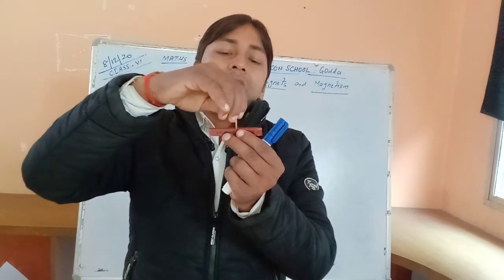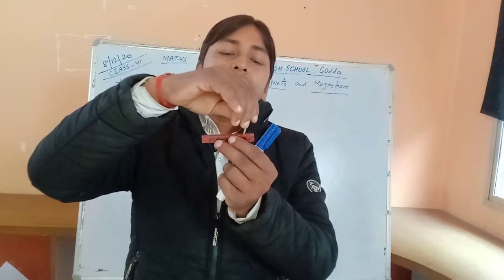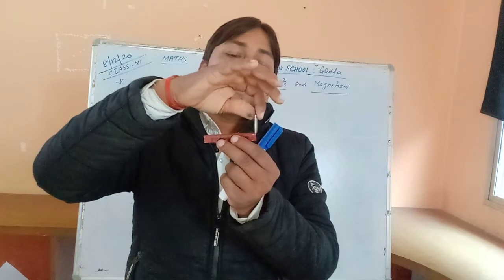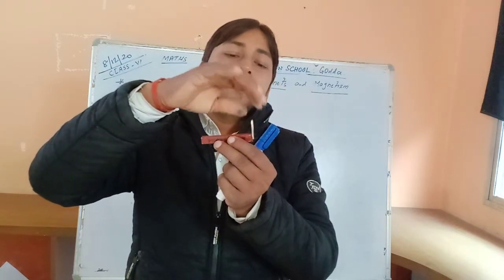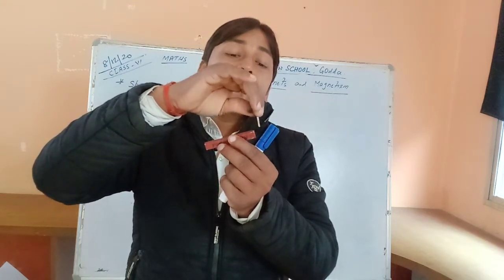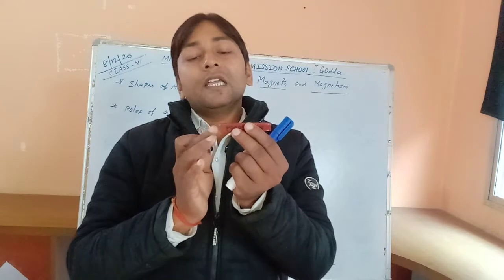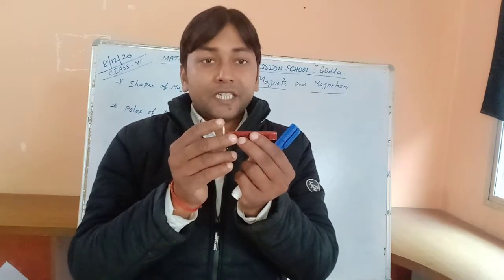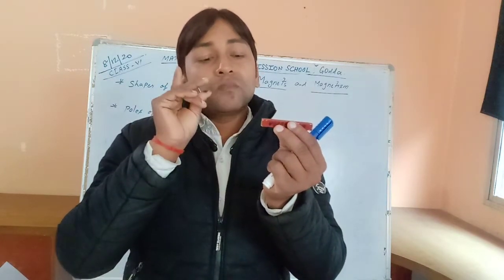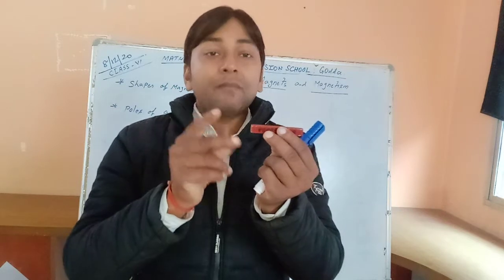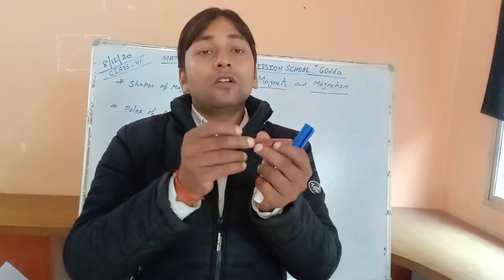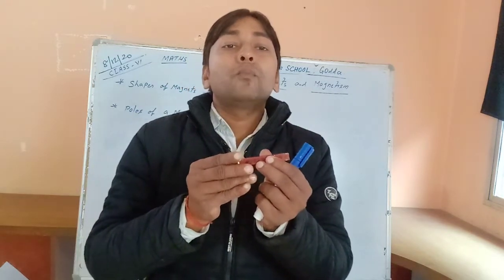When you move again from the middle to the end, the force of attraction is maximum. Where the magnetic force is maximum, these two ends are known as magnetic poles.